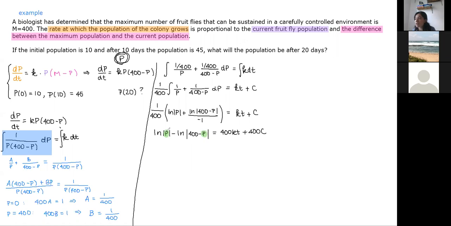Right now, I have ln of P minus ln of 400 minus P is equal to this whole expression over here, which is not ideal because we already have a bunch of terms. And what we want at the end is some kind of expression P is equal to something. So here we're going to have to put some effort into solving this equation in terms of P.